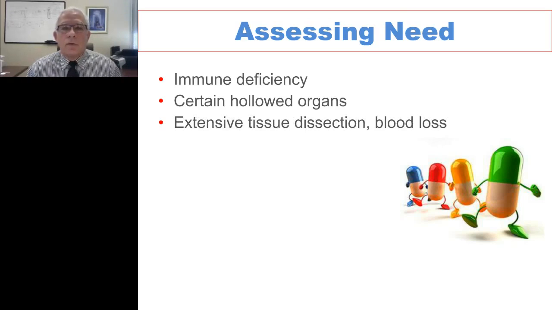If you're going to have to do extensive tissue dissection and blood loss, maybe antibiotics may be needed because the greater the tissue dissection, the greater the trauma, and the greater the chances of infection.